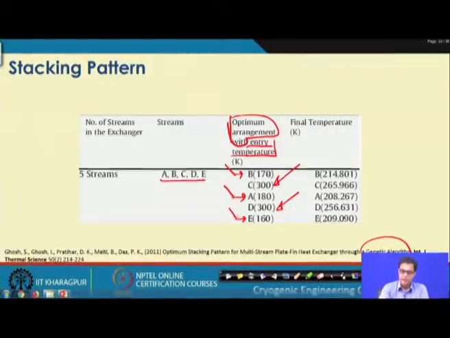So, these are clearly the cold streams, this 170, 180 and 160, they are the cold side streams, and the other 2 are the hot streams.